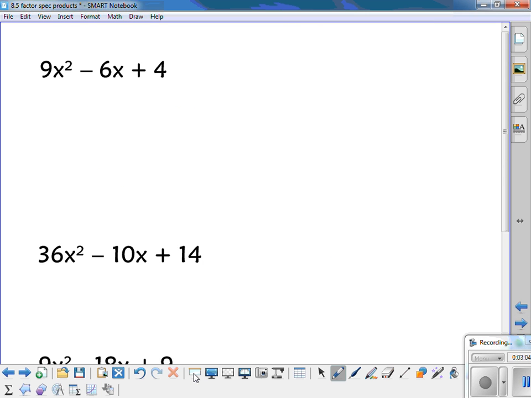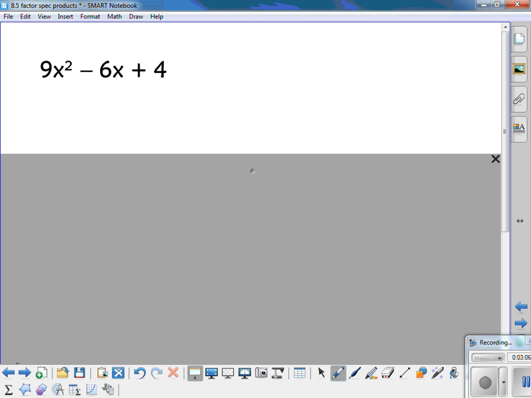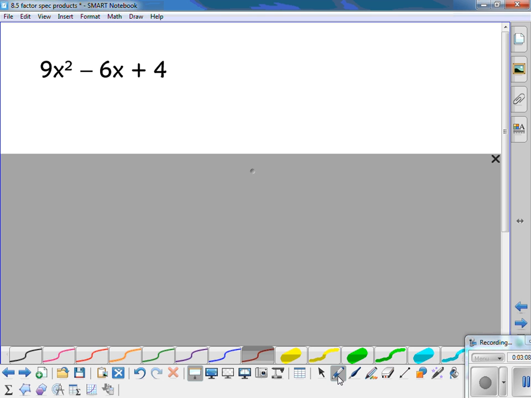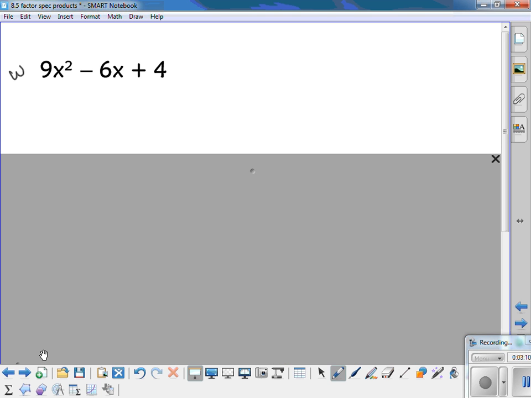Okay, this is for your whiteboards also. So same thing, I want to know, is it a perfect square? And if so, factor it.